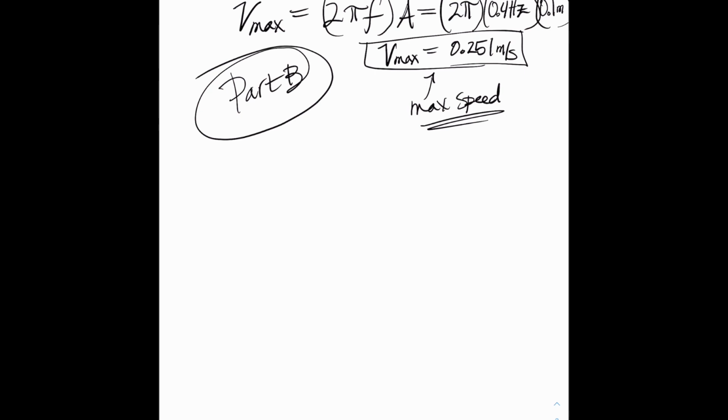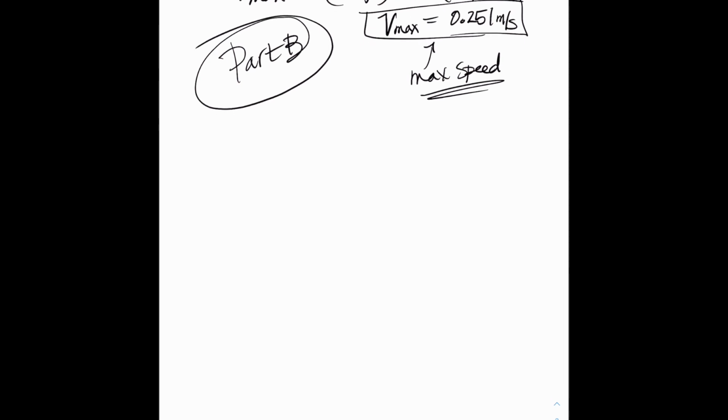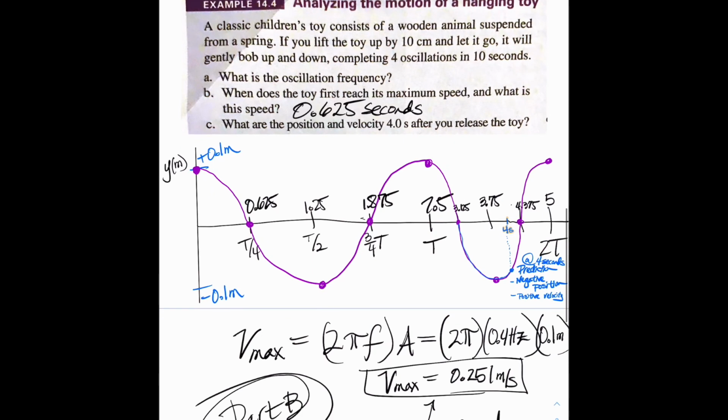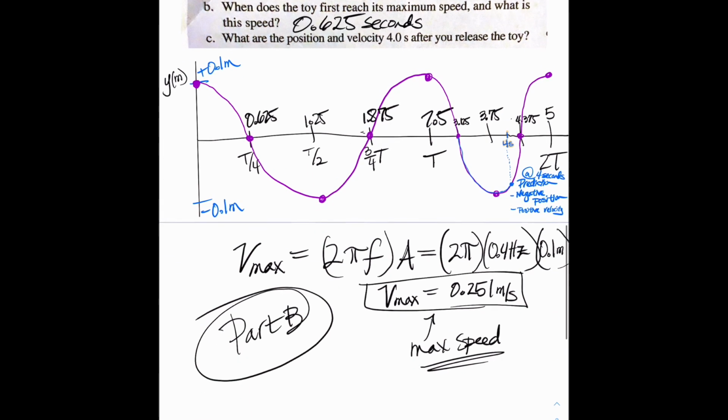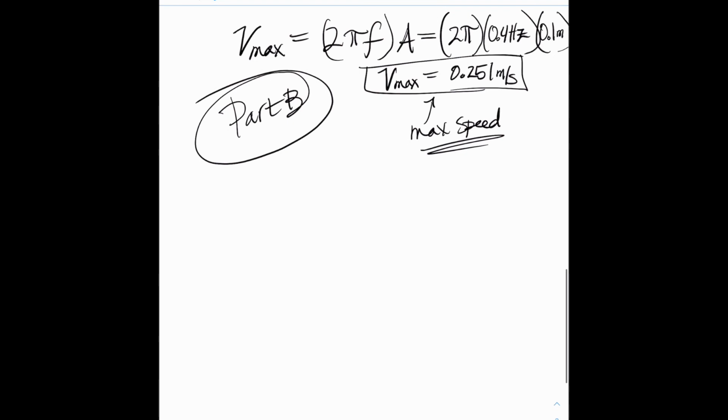The first being that our graph right here is a positive cosine wave. Because that's the case, we can write a position function for its y position: y as a function of time is equal to the amplitude times the cosine of 2 pi f times t.